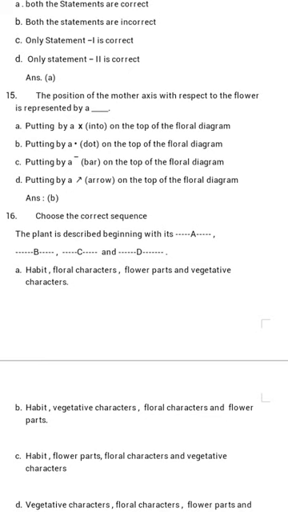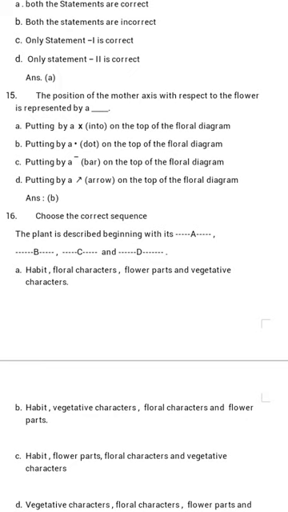Next, the 15th. The position of the mother axis with respect to the flower is represented by: Option A. Putting an A symbol on the top of the floral diagram. Option B. Putting a dot on the top of the floral diagram. Option C. Putting a bar on the top of the floral diagram.